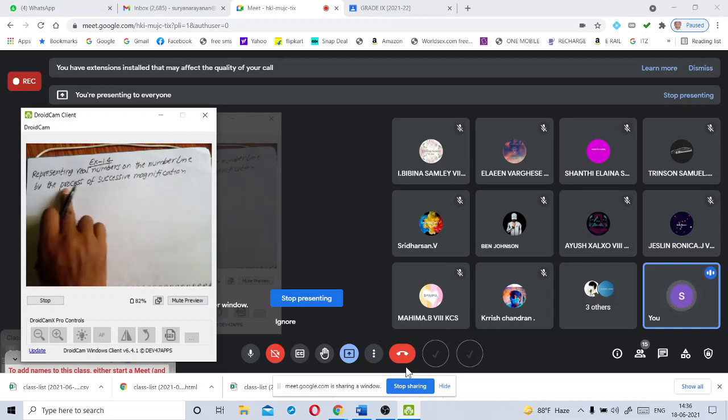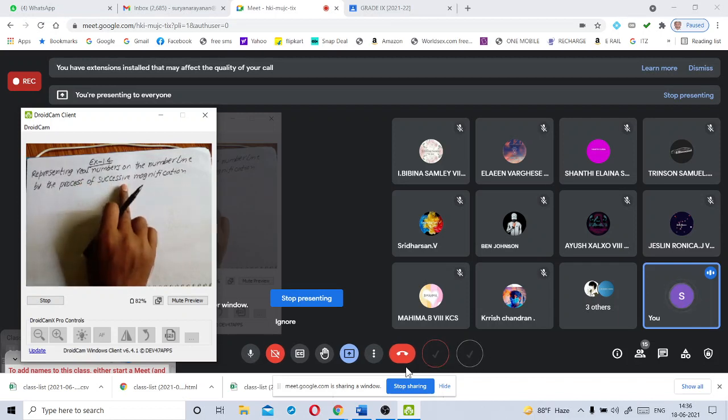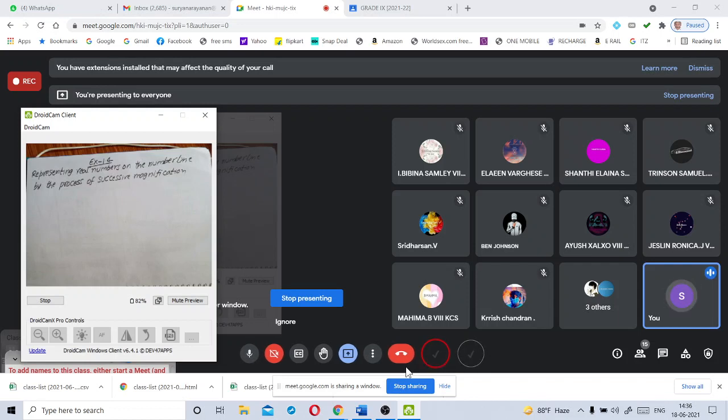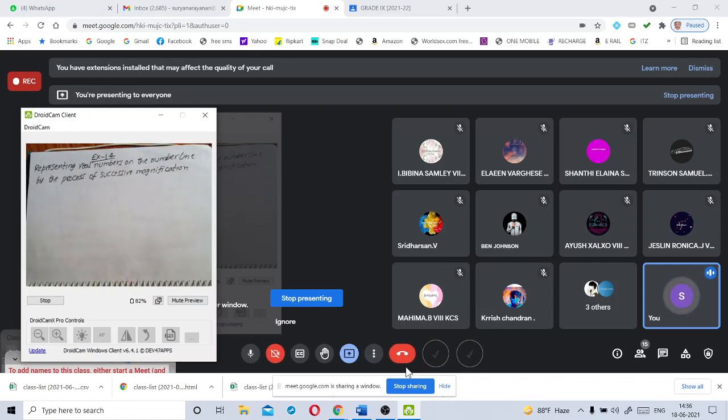By using this process, we visualize a real number on the number line. Okay, my children, very simple concept, very simple exercise. Directly we go to the exercise, my dear children.